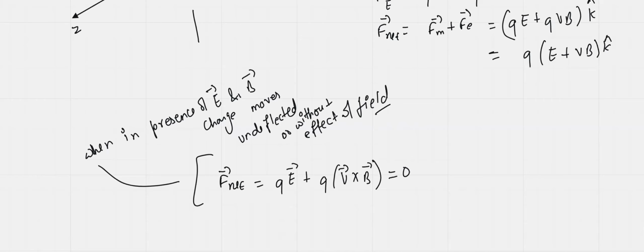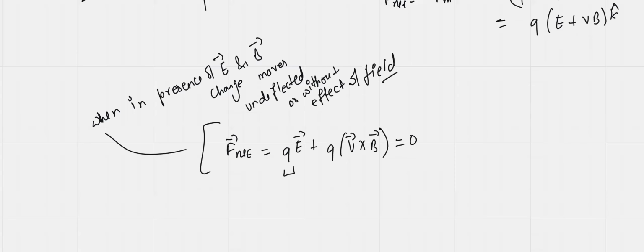That the net force comes out zero. In that case, because this is just a magnitude, you can say that QE equals negative times of Q V cross B.